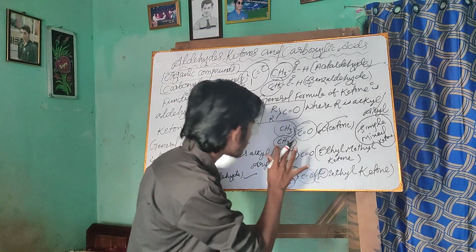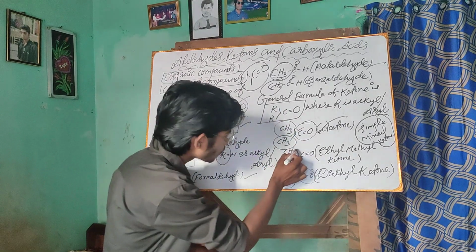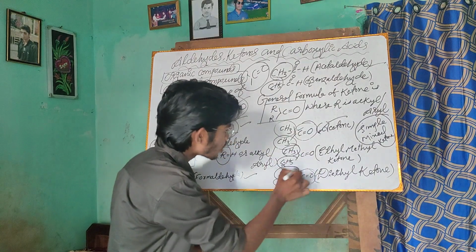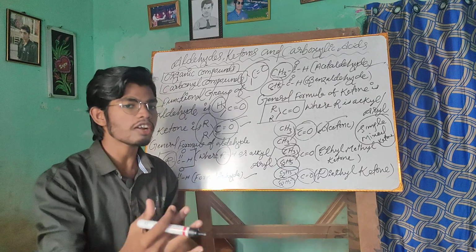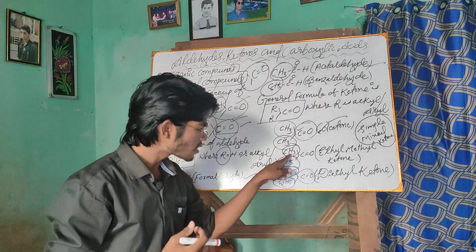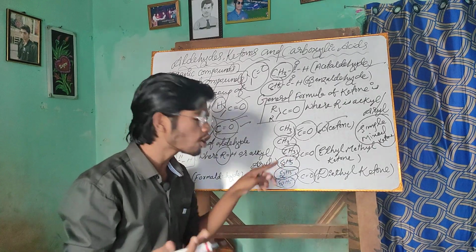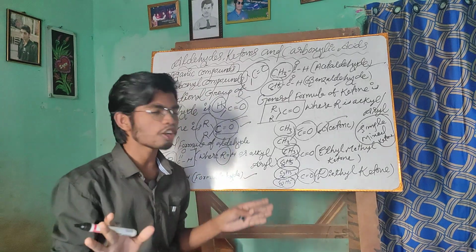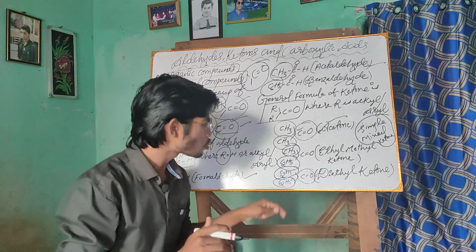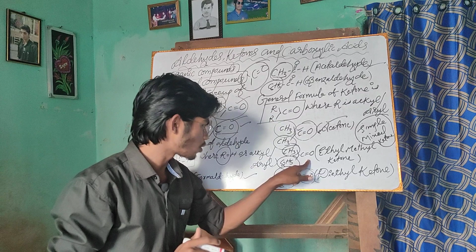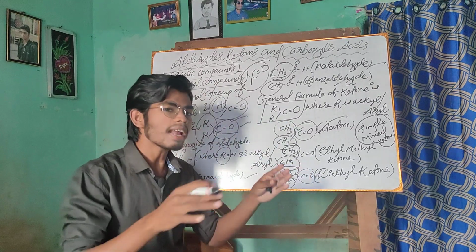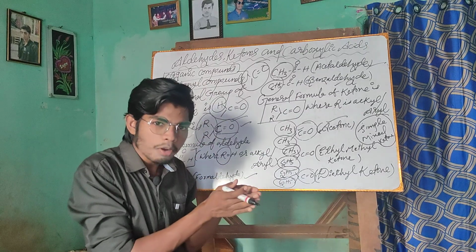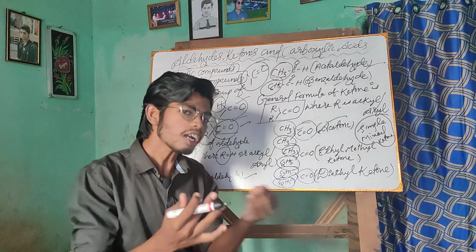But if you look at this compound, here we have one methyl group and another ethyl group. That means the alkyl groups differ from each other. One methyl group is there and one ethyl group is there. No doubt two alkyl groups are attached to the carbon atom of the carbonyl group, but the two alkyl groups are different from each other.